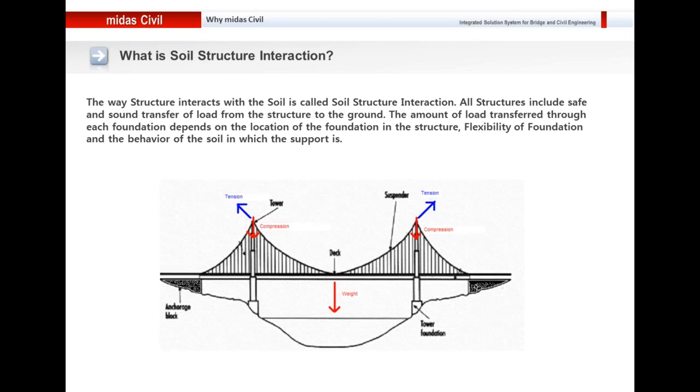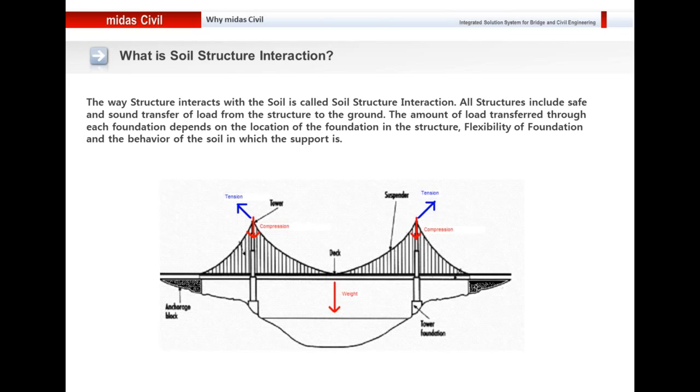If you talk about any bridge, the purpose of the bridge is to transfer the dead loads into the ground, and to transfer the vehicular load into the ground. Since it involves the transfer of load from the structure to the soil, we need to have an understanding of how the structure interacts with the soil. And the science behind this is known as soil structure interaction.